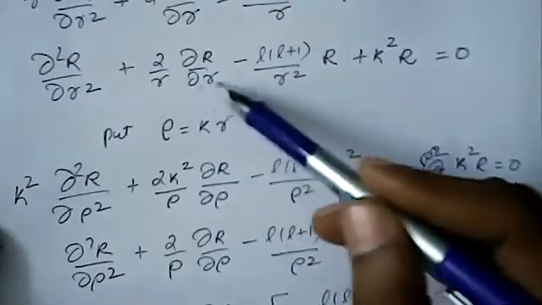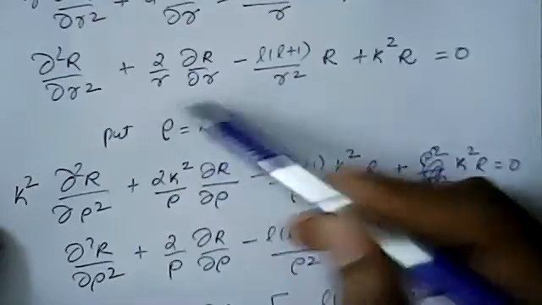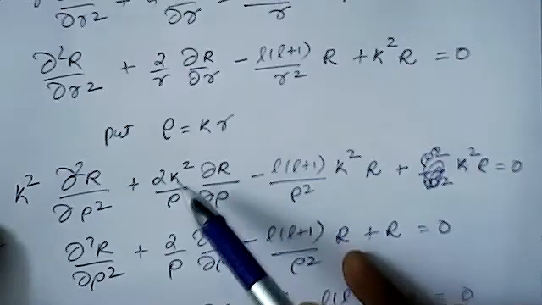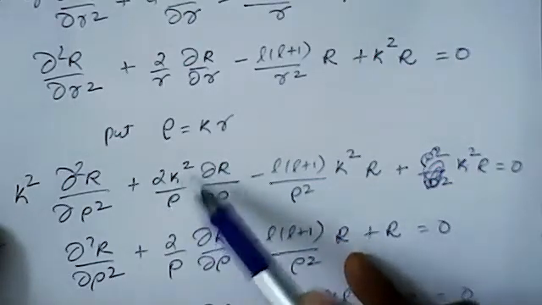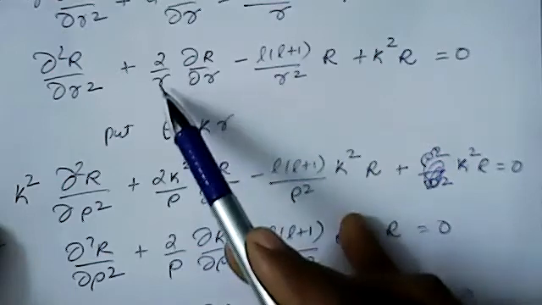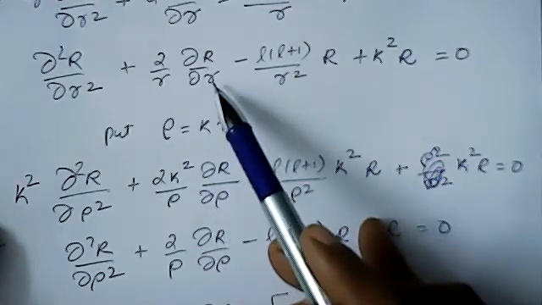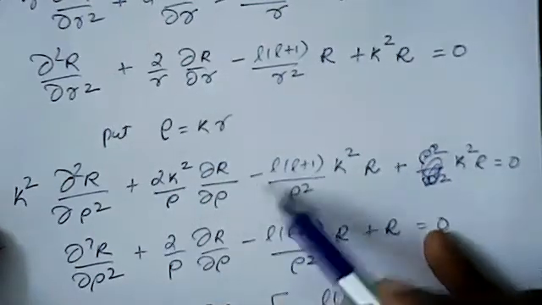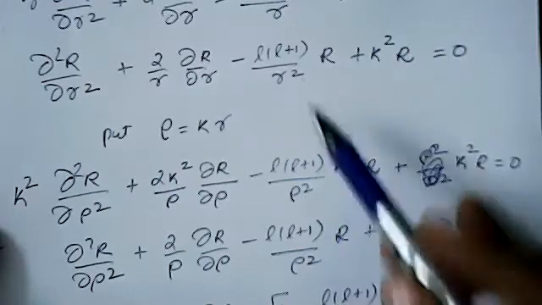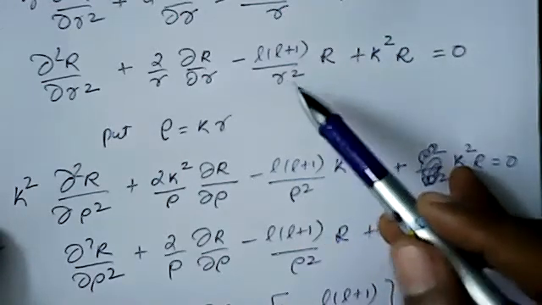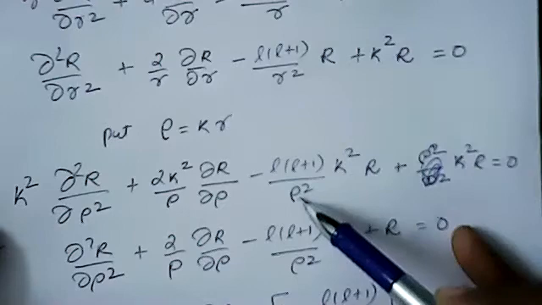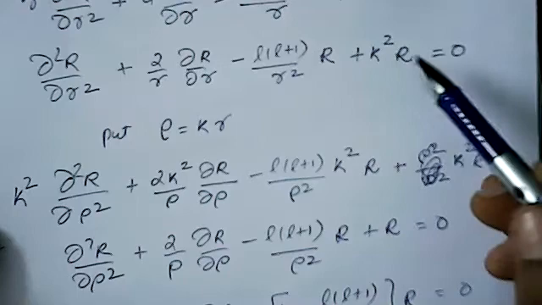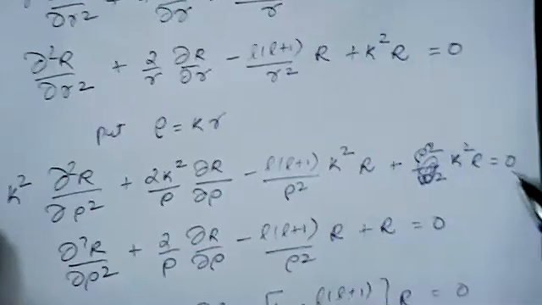Now from this ∂r, 1 k will come. So both k will go to the numerator, so that this becomes 2k². From 1 k, from this one, from this r also 1 by k, k square goes to the numerator, minus L(L+1), here r square is in the denominator, so rho square by k square into capital R plus k² R equal to 0.